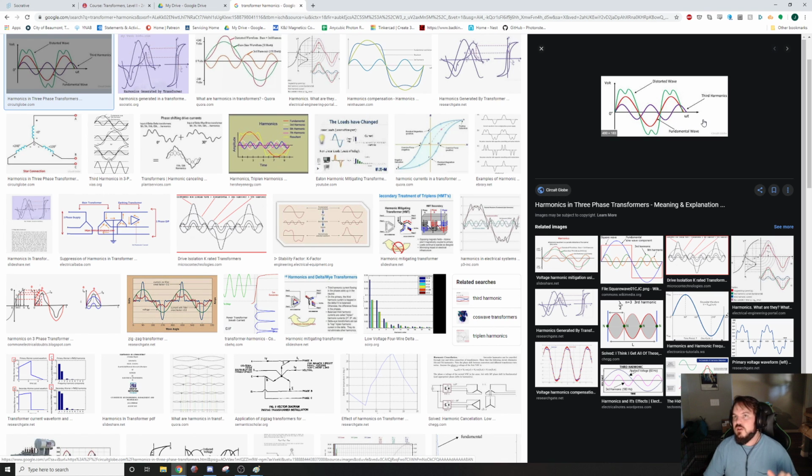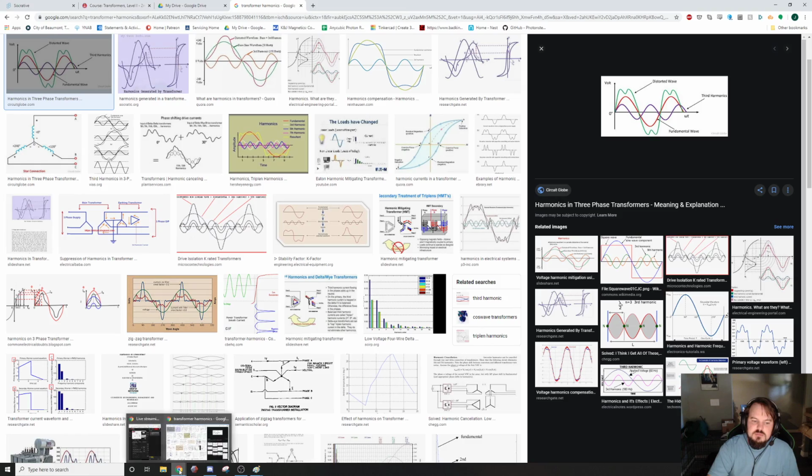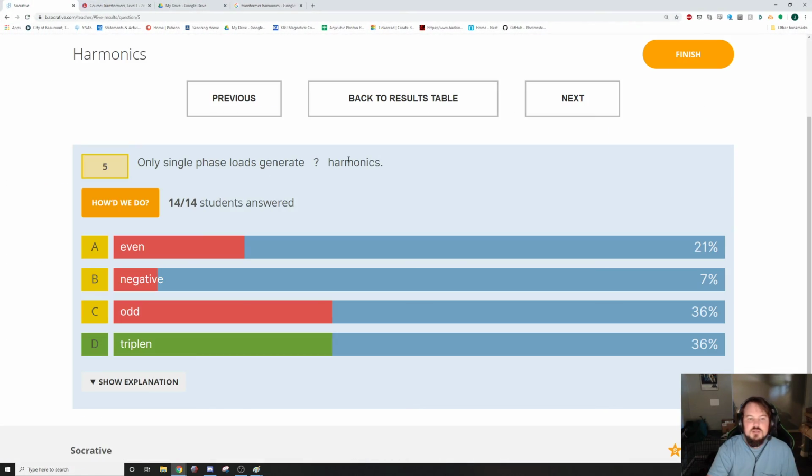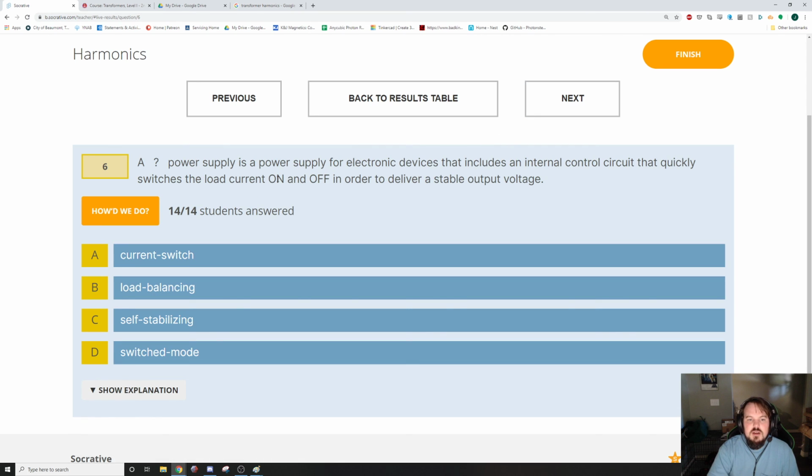And if you are sharing a neutral with that, you won't be completely canceling each other out on the neutral. You will be mostly or only partially canceling each other out, and that will cause problems.